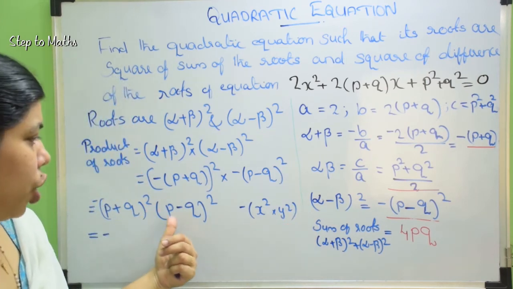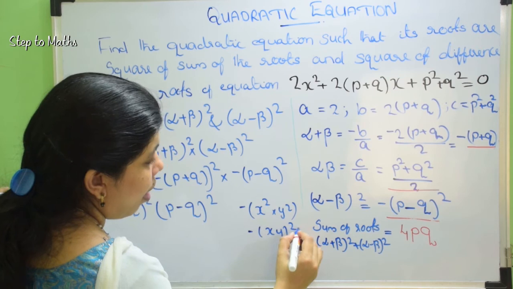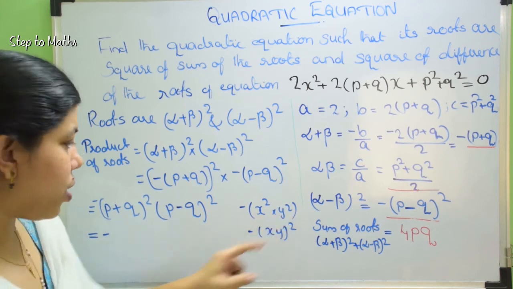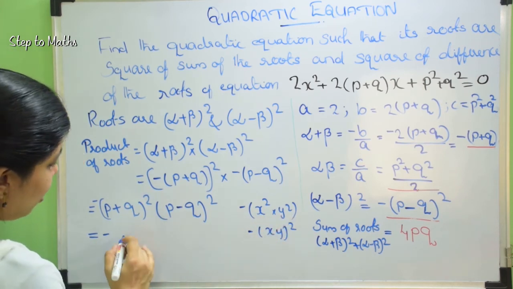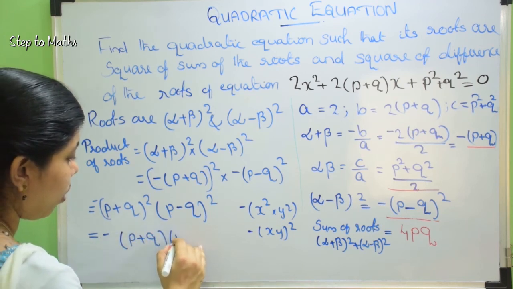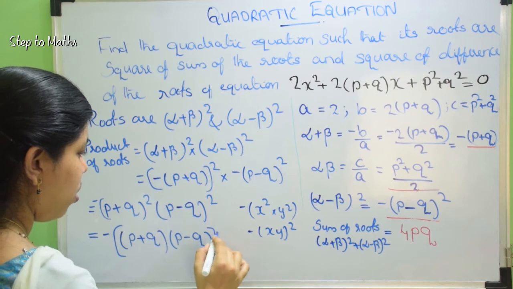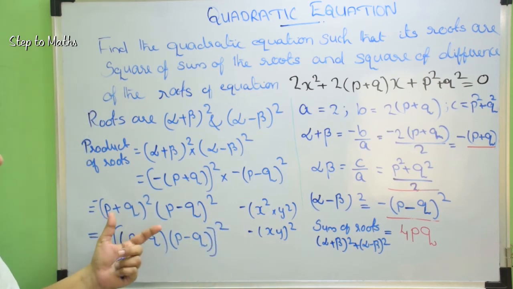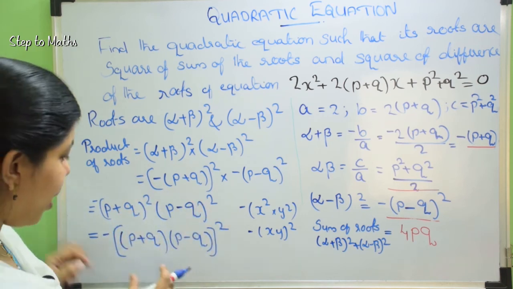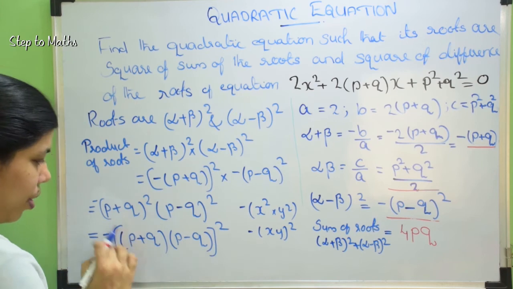P plus q square into p minus q square, this we can write as x into y whole square, that is x square into y square. Similarly, we can write this as minus of p plus q into p minus q, whole square.